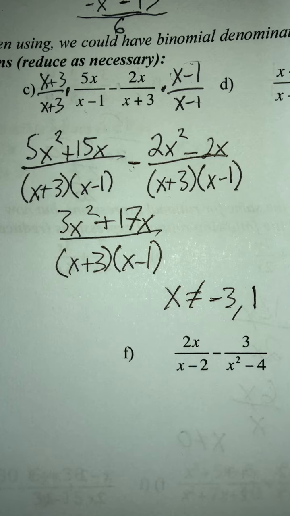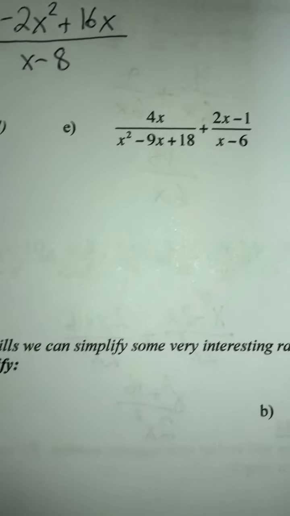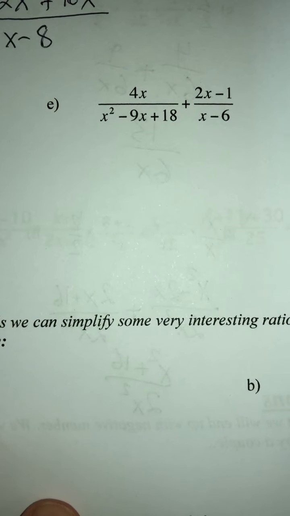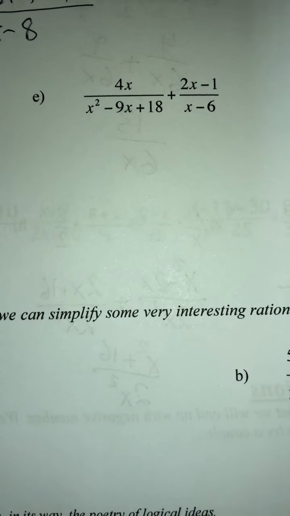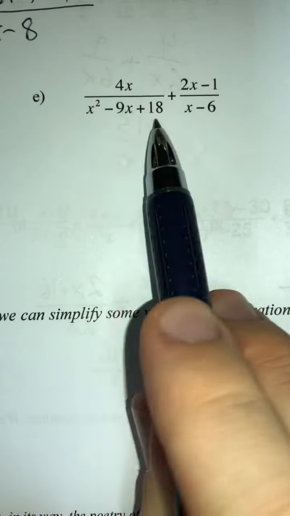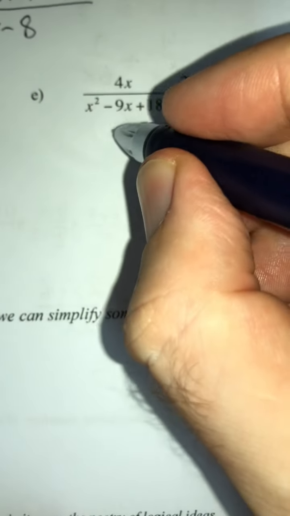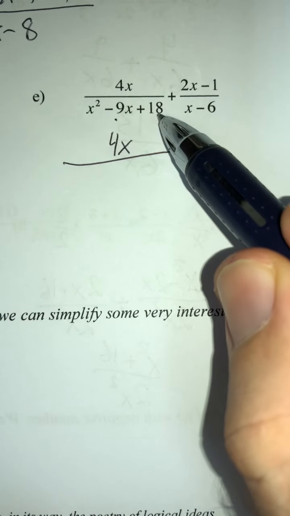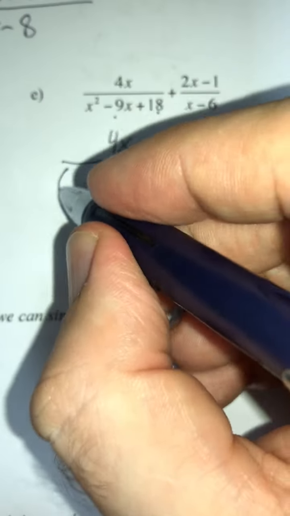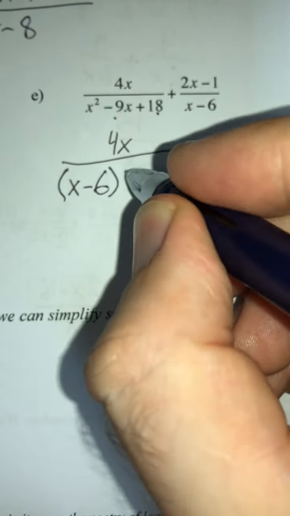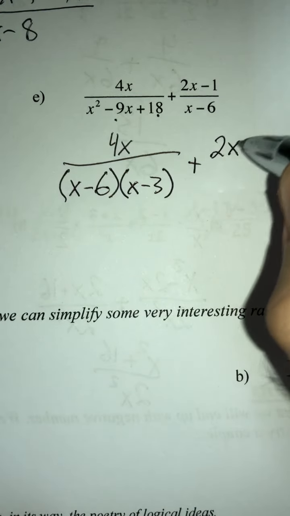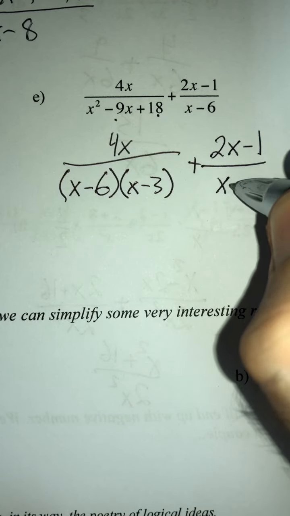I can look at some a little bit crazier ones. Let's try e here. Oops, I went too far. So for something like this, I'm not going to go through the entire question. If you have something like this, you just need to factor what's on the bottom here. So I'd have 4x, what adds to -9 multiplies to positive 18. So x minus 6, x minus 3, plus this one you can't do anything.